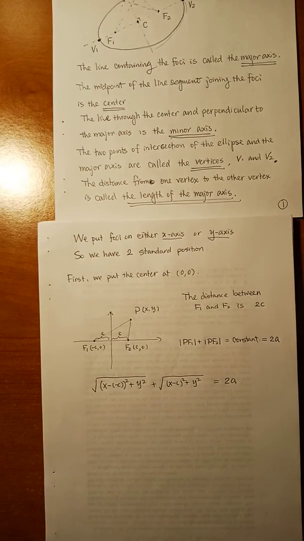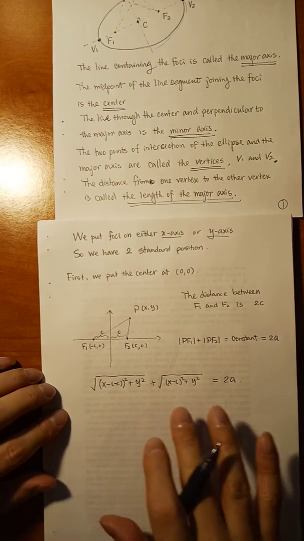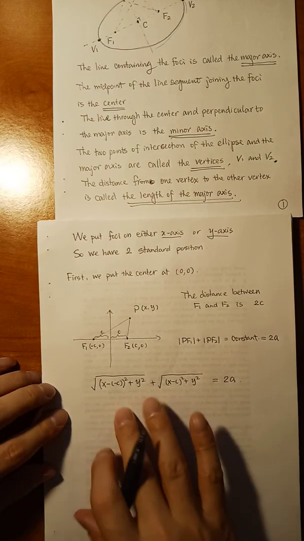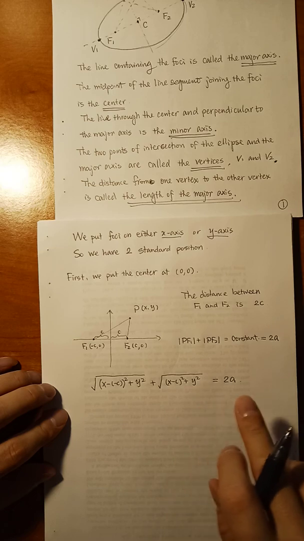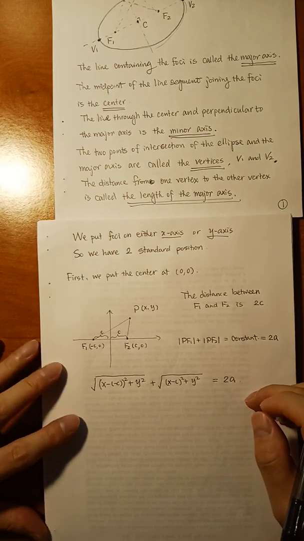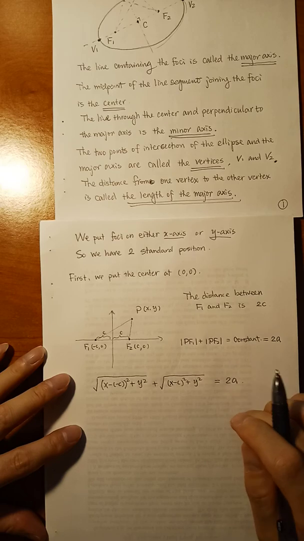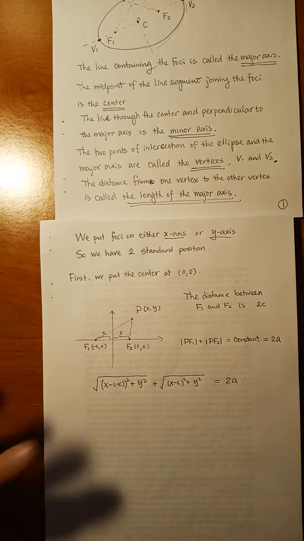So you see here we have a radical expression plus a radical expression equal to a certain number. That's something we did before, but during that lecture we had some concrete number. Here we have letters. That's the only difference.